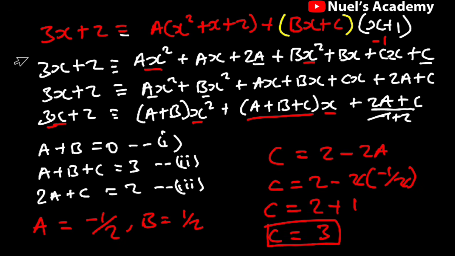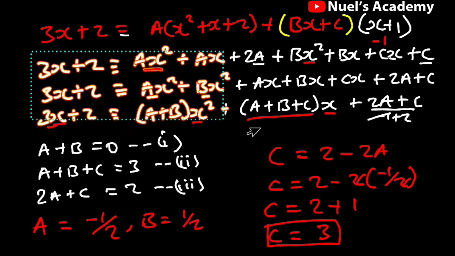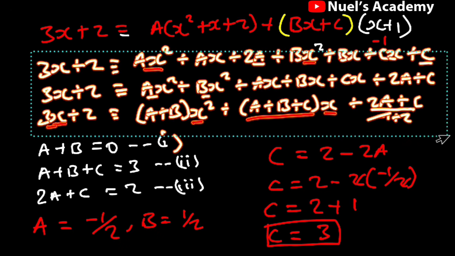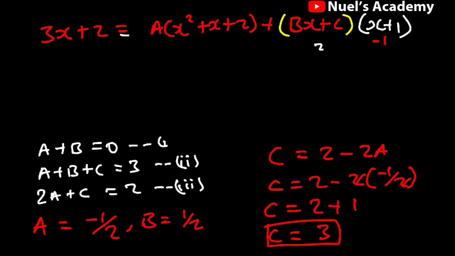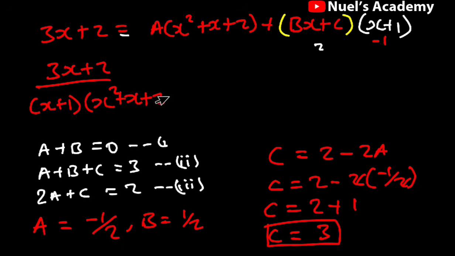Now this is the final answer to our question. No, I've wiped out the original equation. So we can write the final answer to this question as 3x plus 2 divided by x plus 1 multiplied by x squared plus x plus 2 is equal to, now our a is equal to minus 1 over 2.